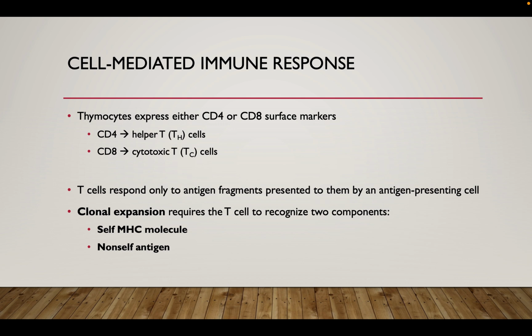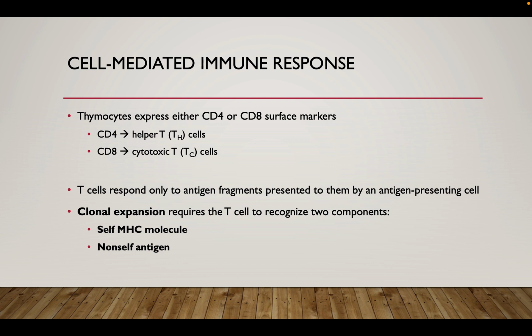Now, clonal expansion refers to this idea that our T cells, once activated, can divide and expand into clones of itself. We'll see there are memory T cells and regulatory T cells as well. But it requires recognition of 2 things. You have to recognize a self molecule, the MHC molecule that we talked about, and then they have to recognize the non-self or foreign antigen that is being presented on the MHC molecule itself.